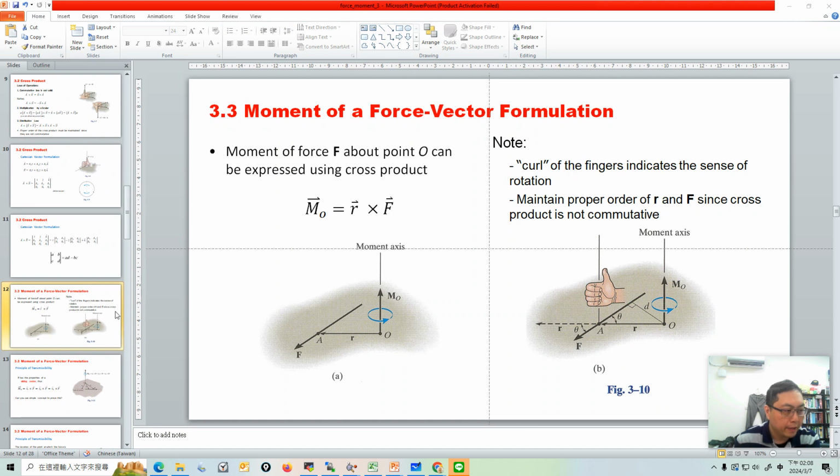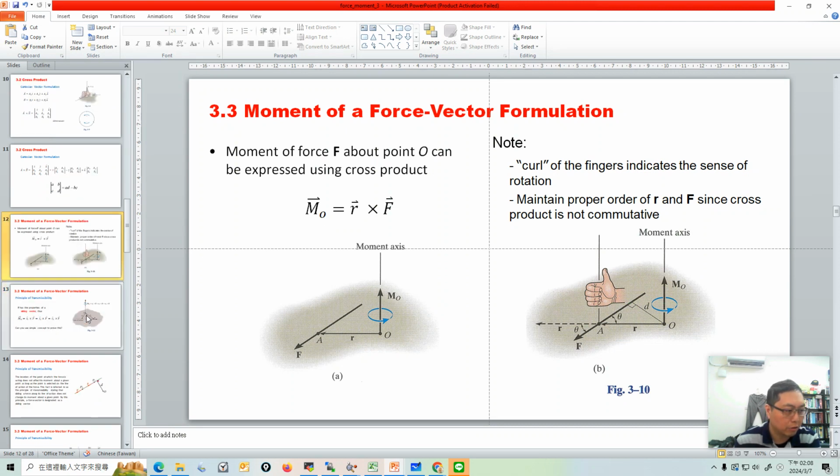This is the position vector, with x, y, and z components, and you have the x, y, and z components of your force vector. Doing the cross product, you get the x, y, and z components of the moment vector.